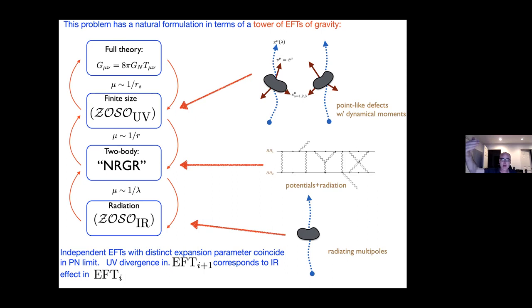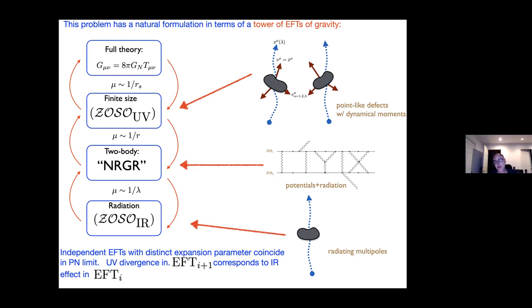If you keep zooming out, if you keep scaling, you eventually reach a point where the separation between the two objects is relevant. The two objects are point-like and non-relativistic, and then we can describe that system as a theory of potentials and radiation that you obtain by matching from the UV.